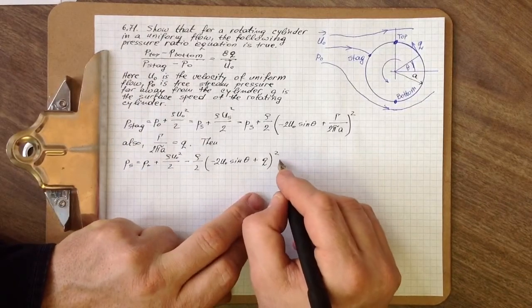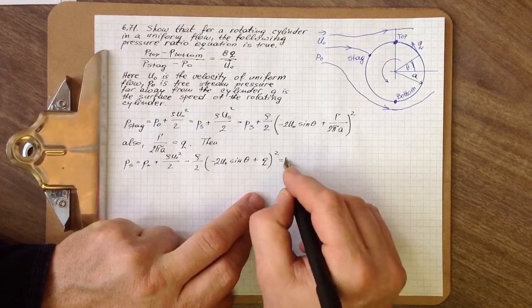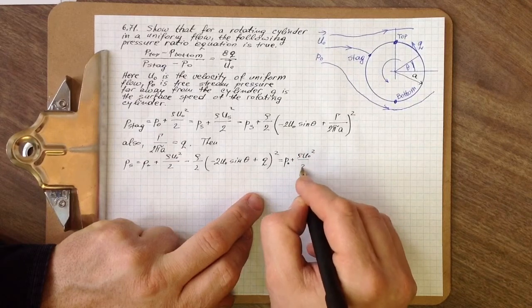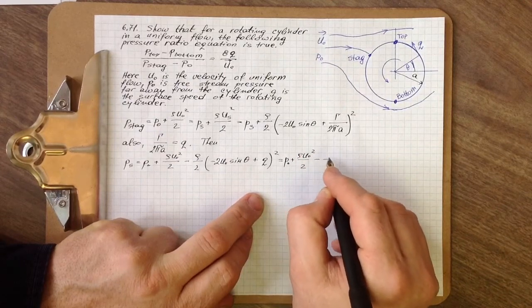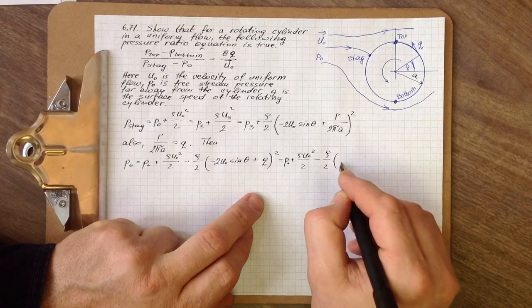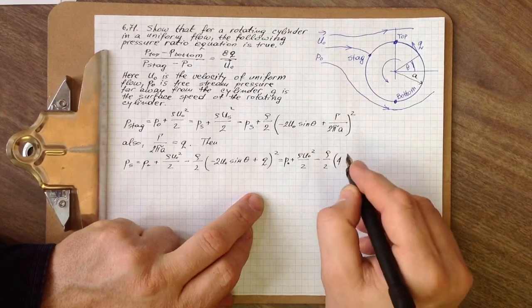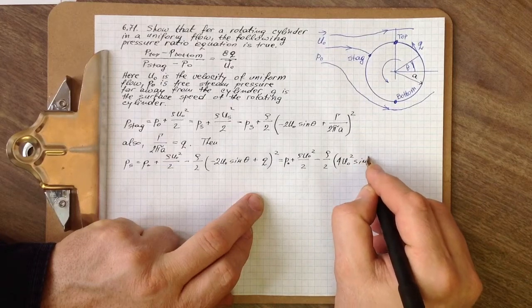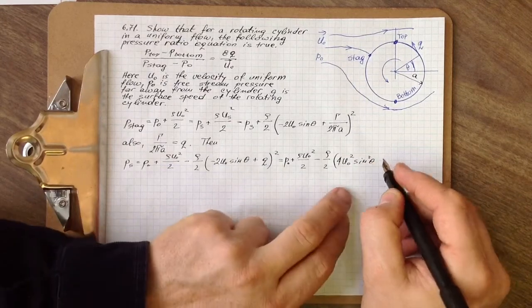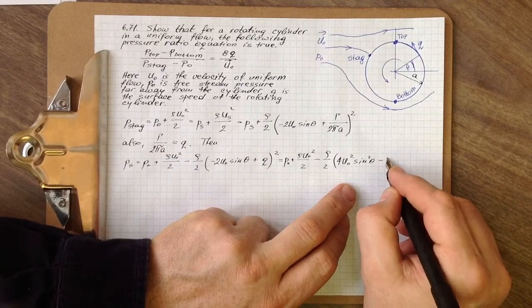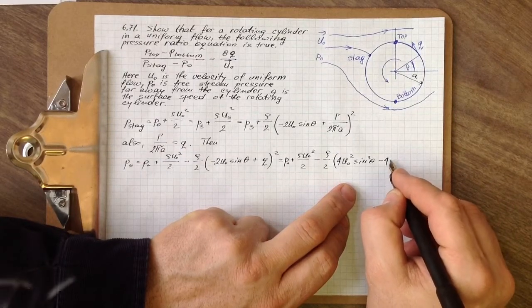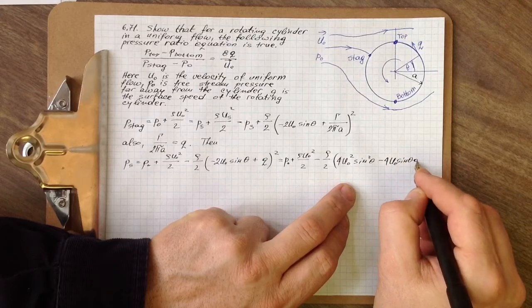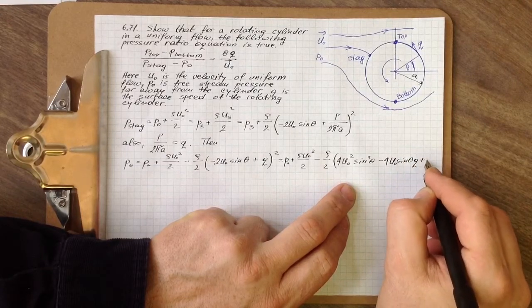And it'll be helpful for us to expand this, so we have P naught plus rho U naught squared half minus rho half of 4 U naught squared sine squared theta minus 4 U naught sine theta Q plus Q squared.